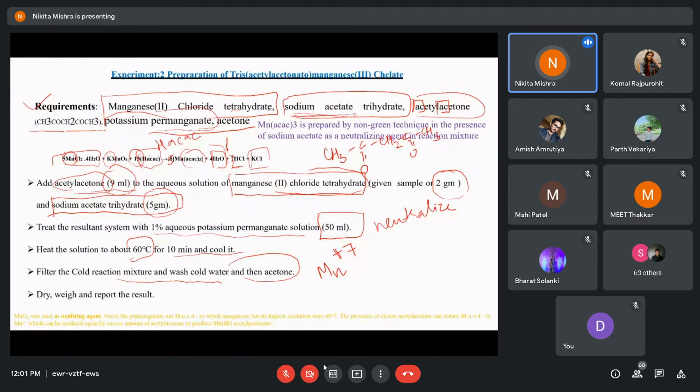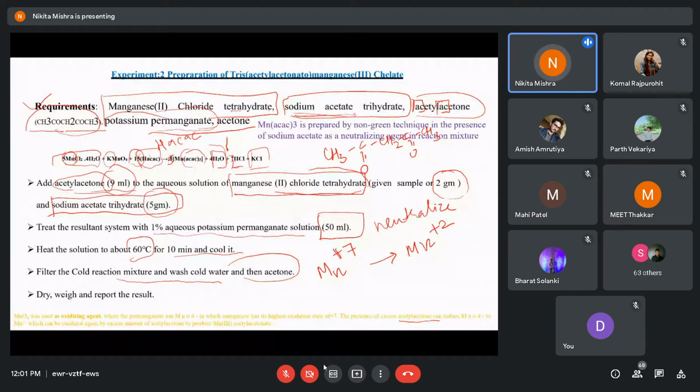In the presence of excess acetylacetone, it reduces MnO4 minus to Mn+2. This is the complete redox reaction which we need to learn and balance. And the excess amount of acetylacetone produces Mn+3.